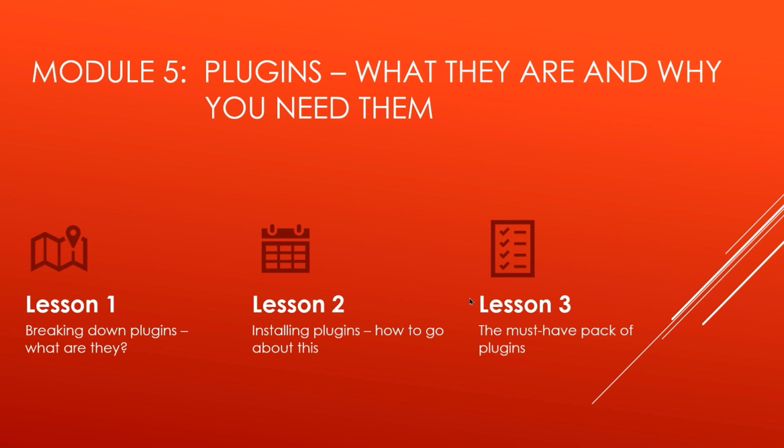And then you learned how to add a new plugin and walk through the steps of grabbing that, getting it installed, and using it. And that was after we went over the must-have pack of plugins, and that's how we got UpdraftPlus for our backups. And then I reviewed how to launch your site, and if you launch it by accident, how to change it back to coming soon so that users that hit upon your URL will see that coming soon landing page.